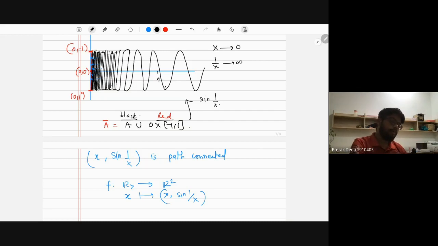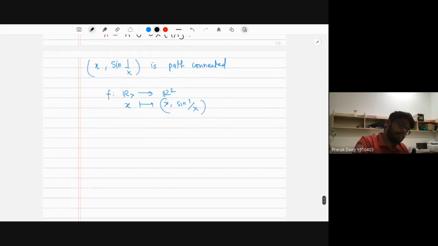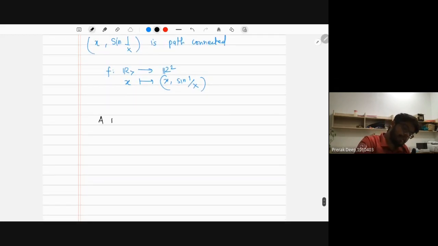if A is connected, which is true because A is path connected, this implies that A is connected. And when A is connected, A closure is also connected.